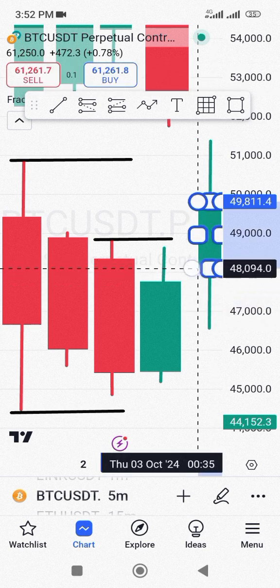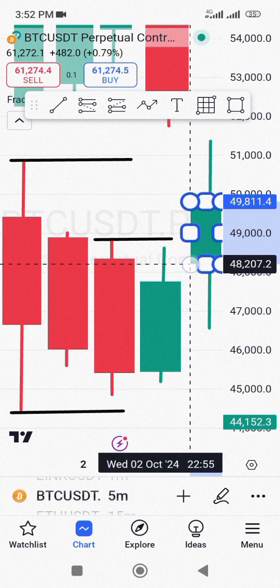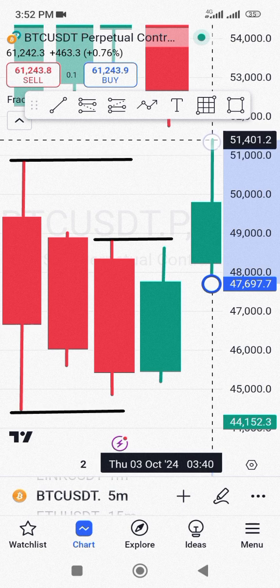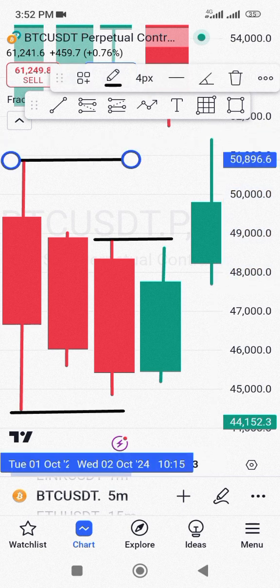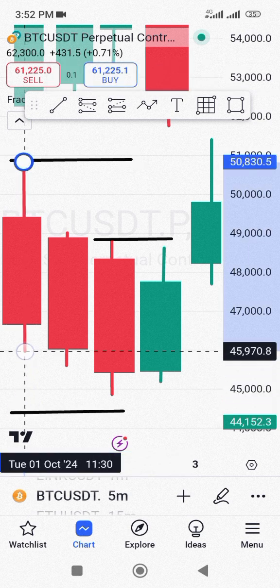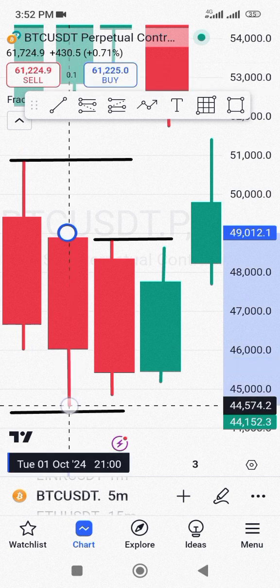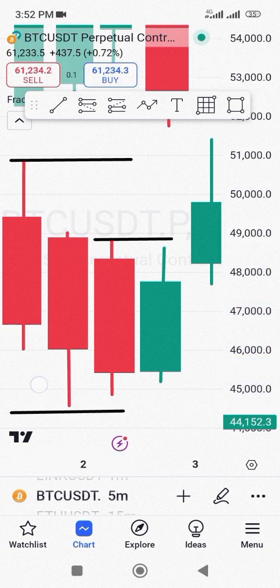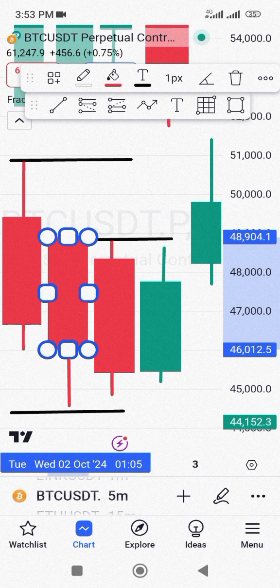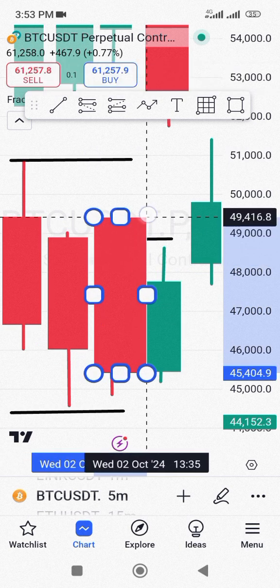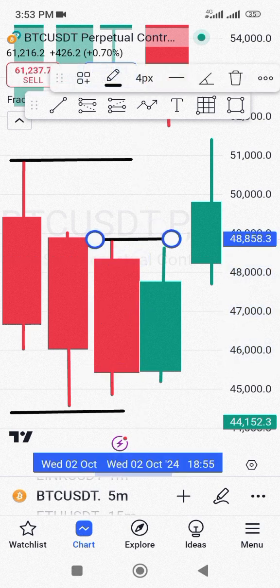It can even start from here, as long as it goes above the high of the candle that formed the lowest low. And it can also be this candle. Let's assume this is the candle that went the lowest, then your valid pullback just needs to be right here.